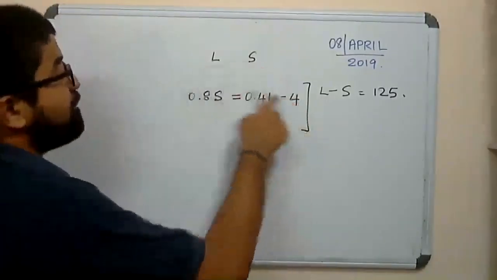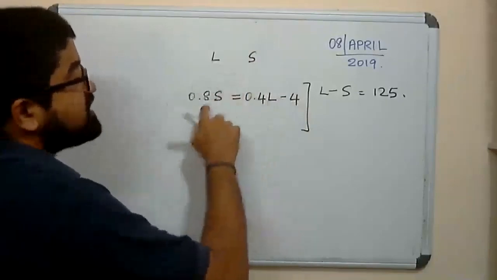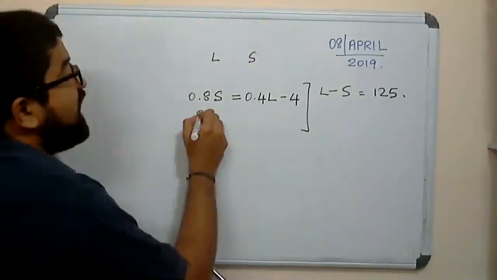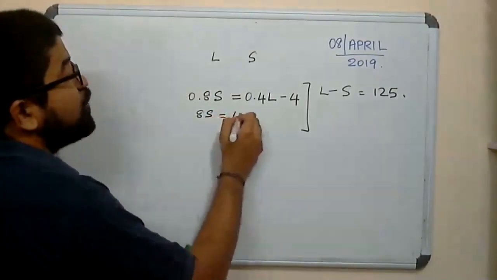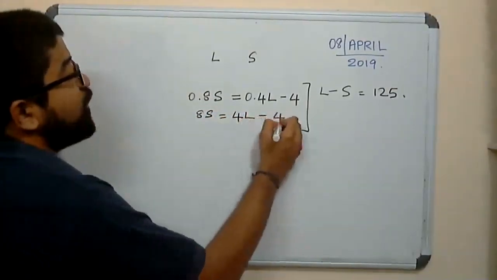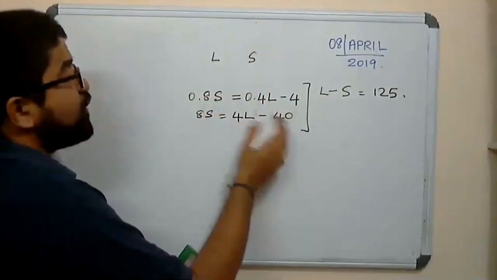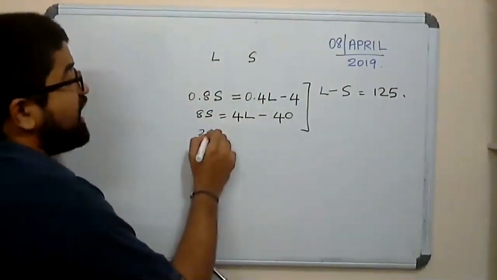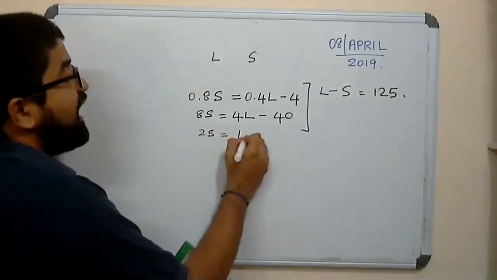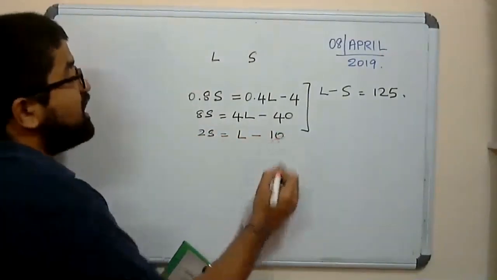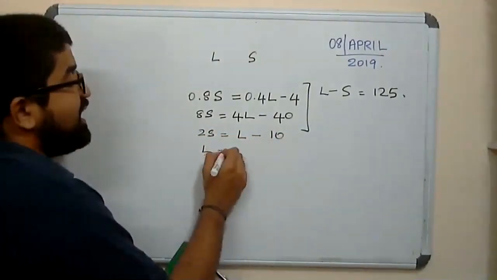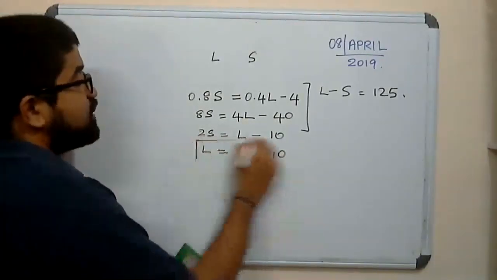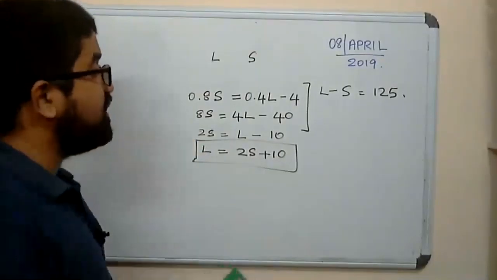I'm going to multiply both the left hand side and right hand side by 10. So that gives me 8S is equal to 4L minus 40. Common factor 4 I can cancel here. So that gives me 2S is equal to L minus 10, or L is equal to 2S plus 10. So this is the result which I am having here.